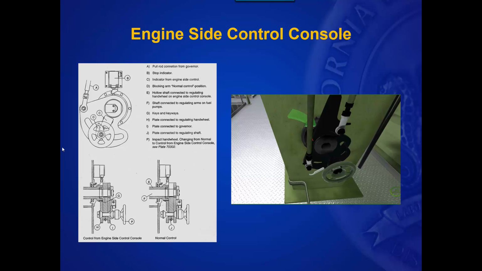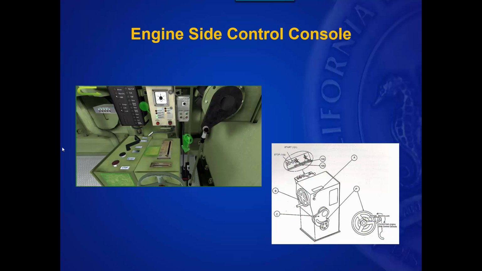As you start this exercise, realize that you are clutched in to the local control stand so that you will operate the fuel rack locally using this wheel. But when the bridge requires you to transfer to bridge control, you will have to shift this by moving this wheel, and that will shift that clutch over to disengage from the control wheel for the rack, shift it from the local, and shift it to the governor, which is controlled by either the EOS or bridge throttles.